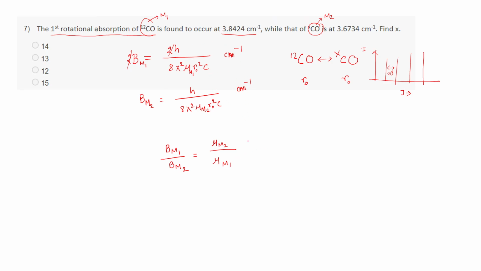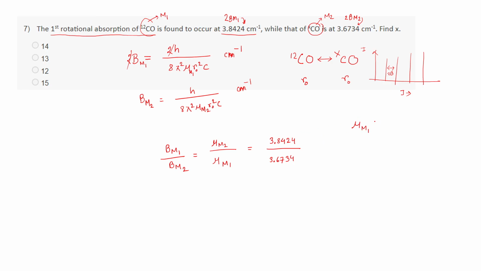All the other things are going to get cut. Actually this Bm1 is not this. This is 2Bm1 and this is 2Bm2, right? But as we are taking a ratio, that doesn't really matter. So this is going to be 3.8424 divided by 3.6734. And what is mu m1?